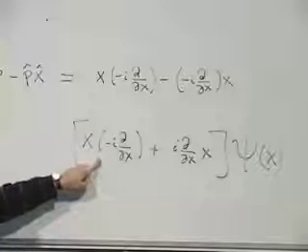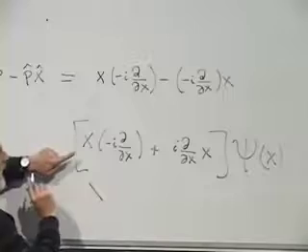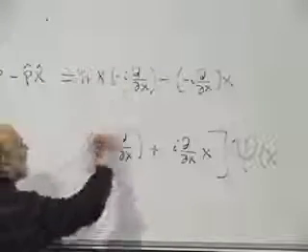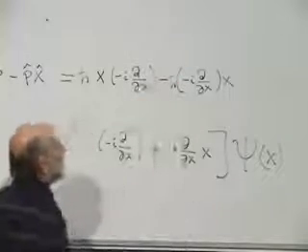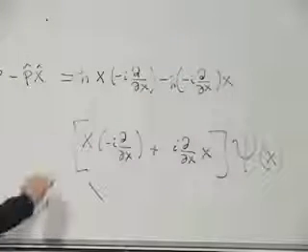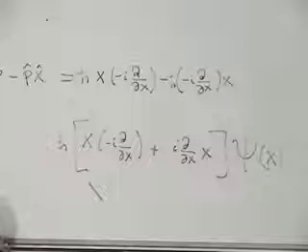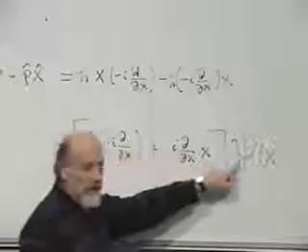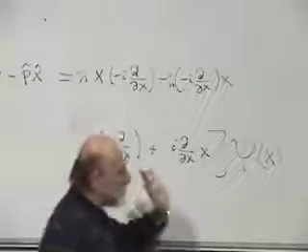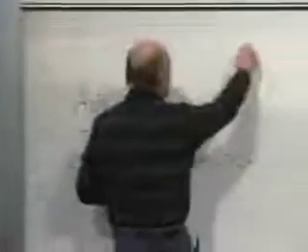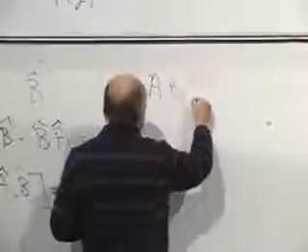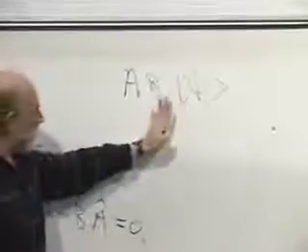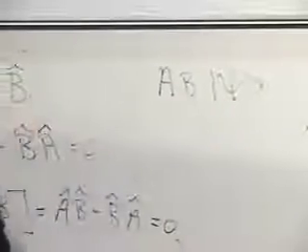The first term here is just x. Oh, what did I leave out? H bar. H bar multiplies the whole thing. Okay, h bar times the whole thing. x times minus i d by dx times psi of x. Remember, when you multiply operators A, B, and you apply them to vectors, you first apply B, and then you take what you get and you apply A to it.